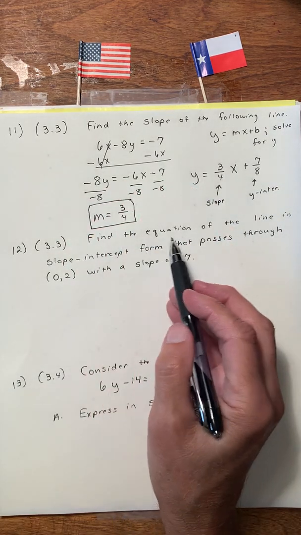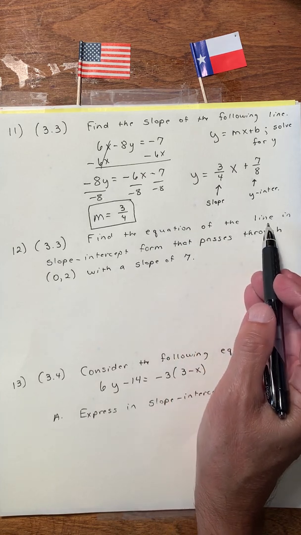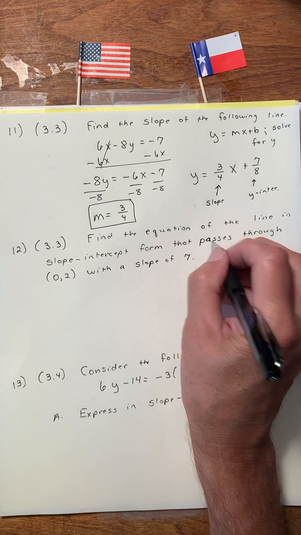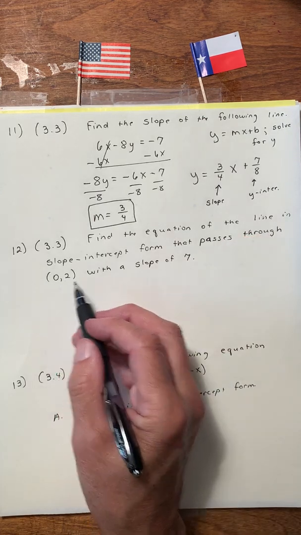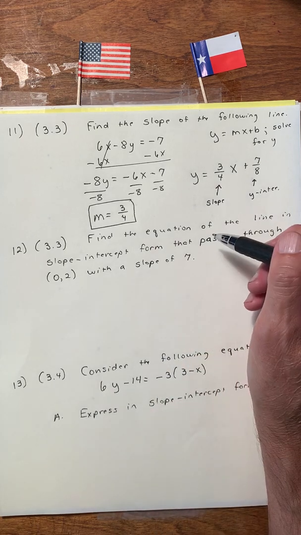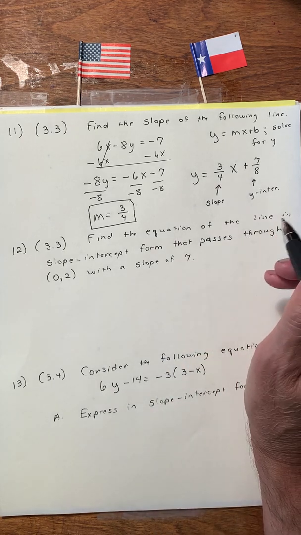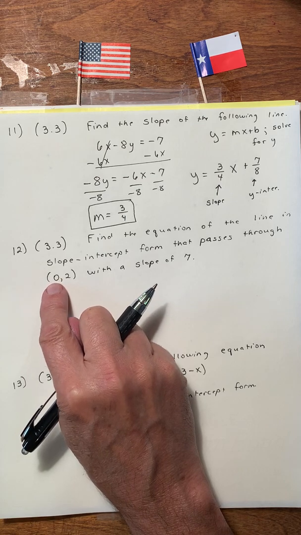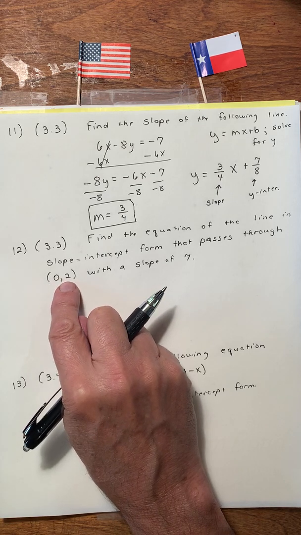All right. Find the equation of the line in slope-intercept form that passes through that point with a slope of 7. Now here's where you can save yourself some time. Look at this point. 0 for an x, 2 for a y.